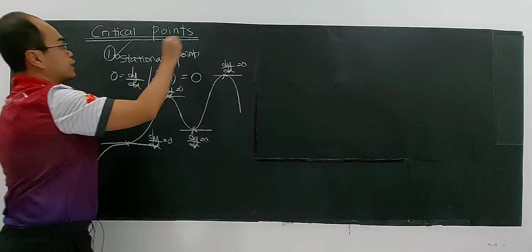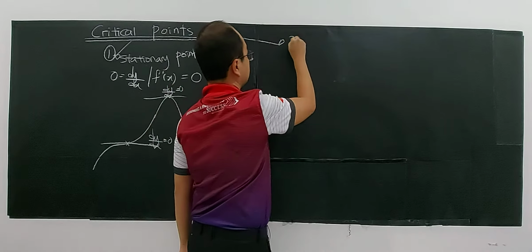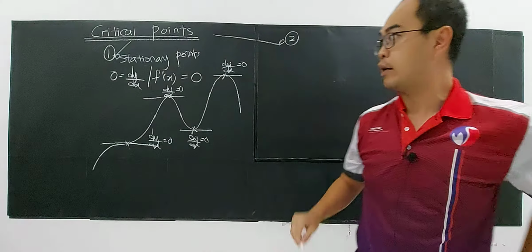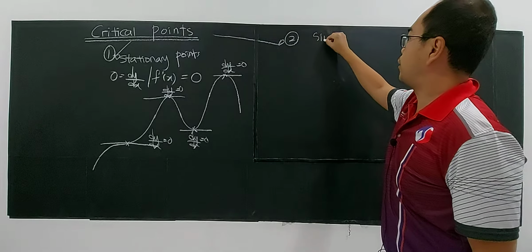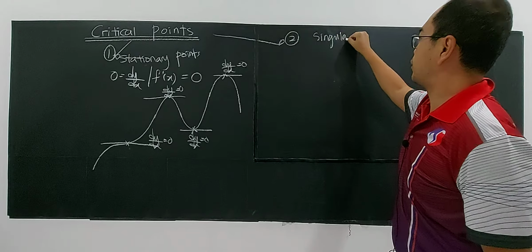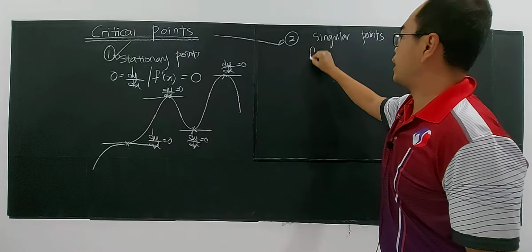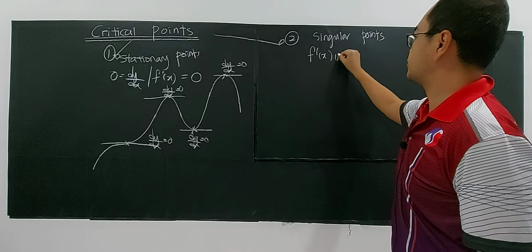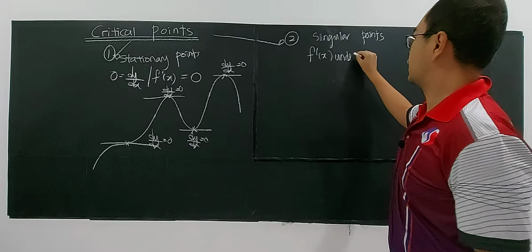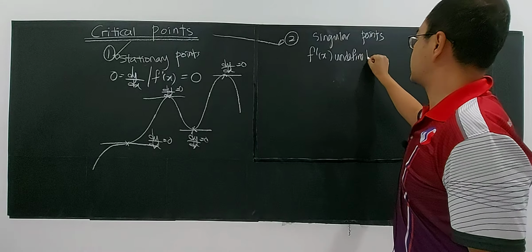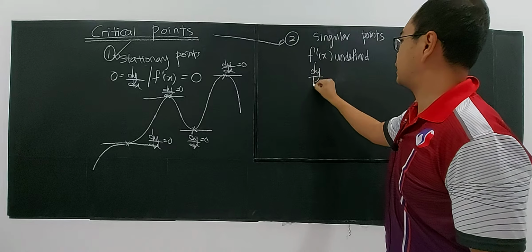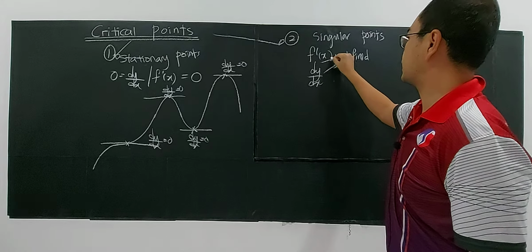Okay, another category of critical point. Critical points also consist of singular points. A singular point is a point where f prime x is undefined, or dy/dx is undefined.